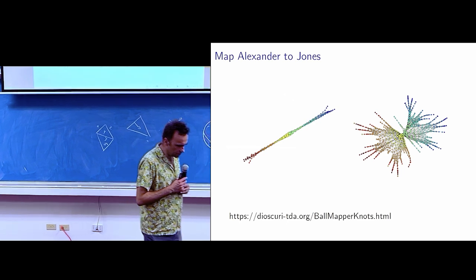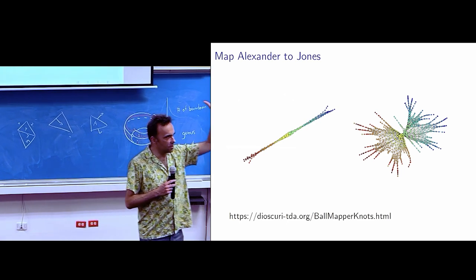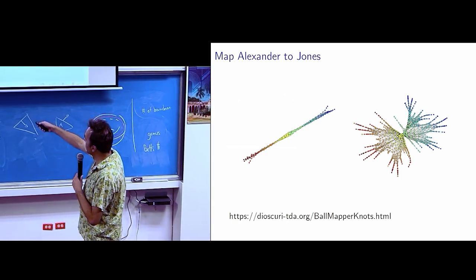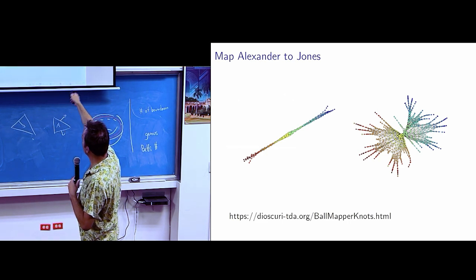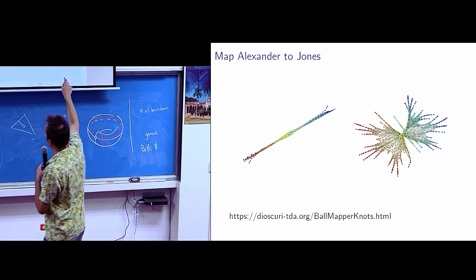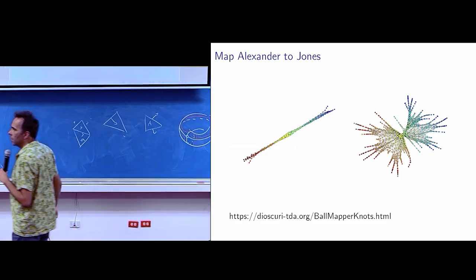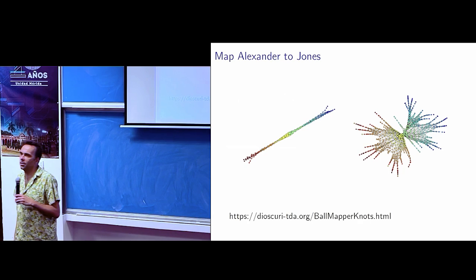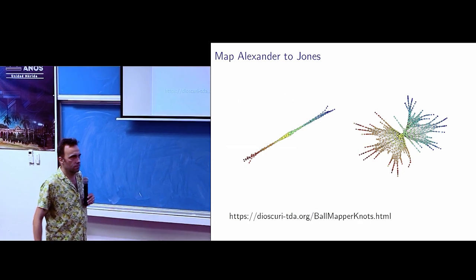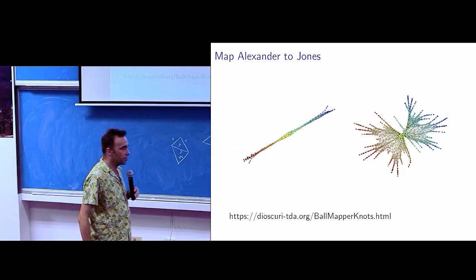So Dave, you asked about the way of coloring stuff. That's exactly this example. As we move across Alexander, we also move across Jones, but Jones seems to be more discriminative in this dimension. So if you are doing any inference using machine learning, take Jones. That's what you can read out of this.